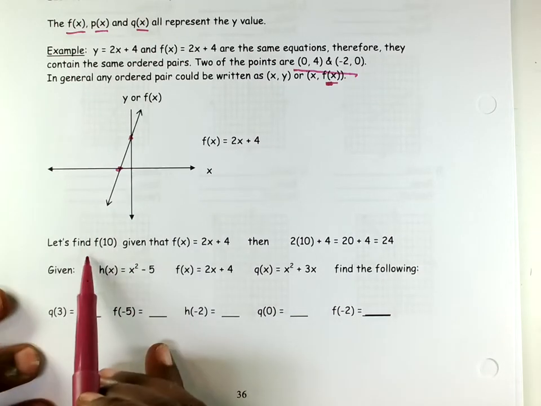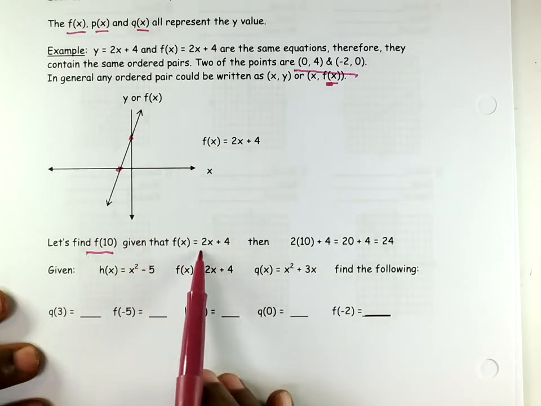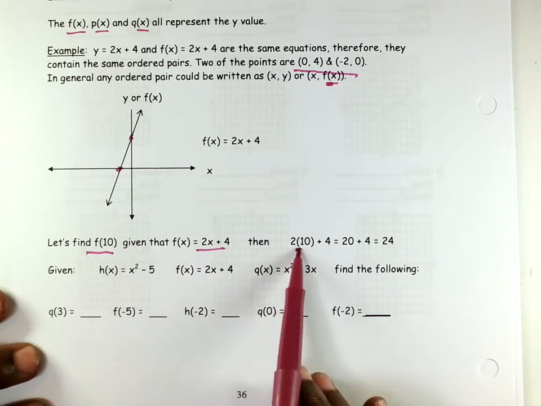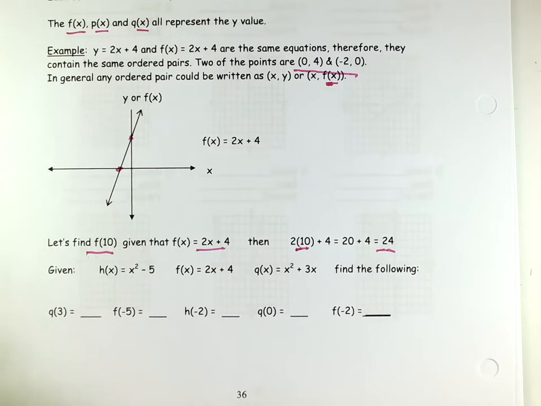So if I have f of 10, that means I'm going to find the function, the f of x function, and wherever I see an x, I'm going to plug in 10. So f of x was 2x plus 4, so we have 2 times 10 plus 4, and it's 24. So instead of writing take the function and evaluate it when x is equal to 10, this little shortcut gets right to the point. Find the function, plug in 10 for x.